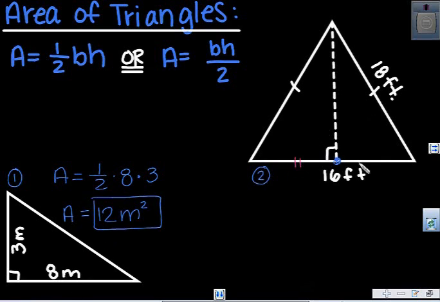But since it's isosceles, it also cuts this in half. So if this entire length is 16, this side would be 8. Now to find area, our base of the whole triangle is 16, but we don't know the height. We are going to use this right triangle that we created to find the height.